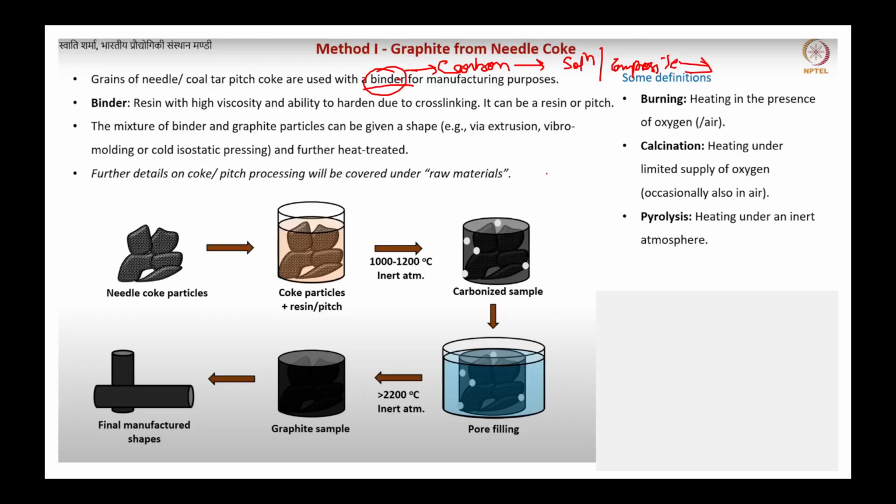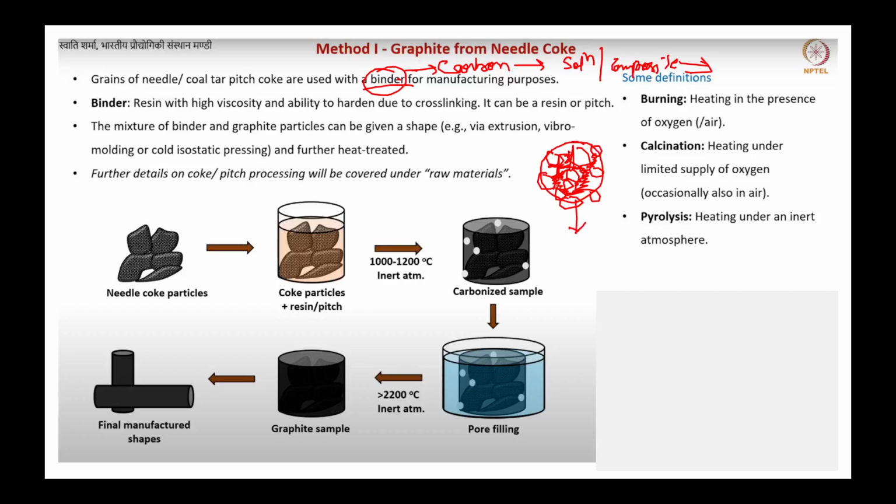Suppose you have carbon atoms. This is your carbon. Suppose this is a binder material. That will give you a good surface property. It will affect your surface tension, so your whole material will have some unique property.